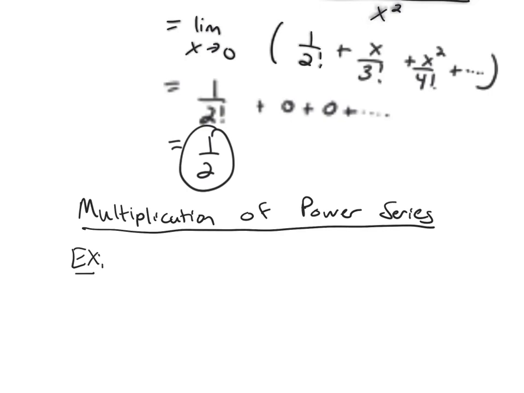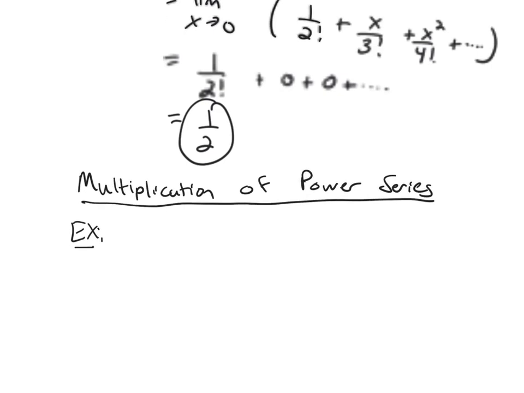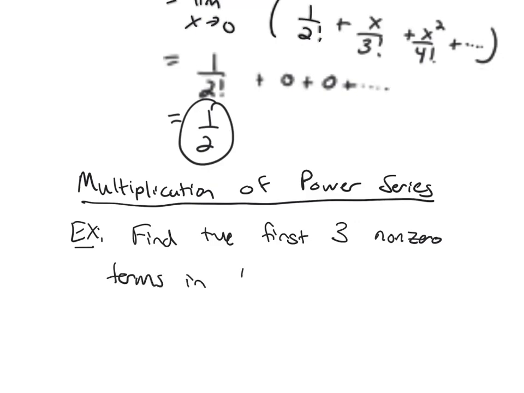So let's say I want you to find the first three non-zero terms in the Maclaurin series for the function e to the x sine x.